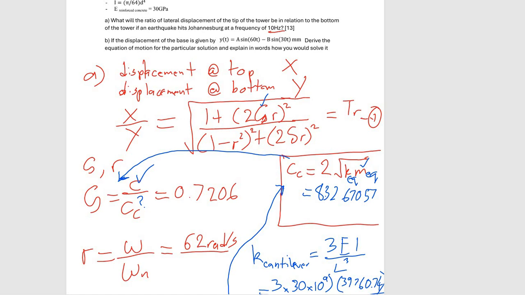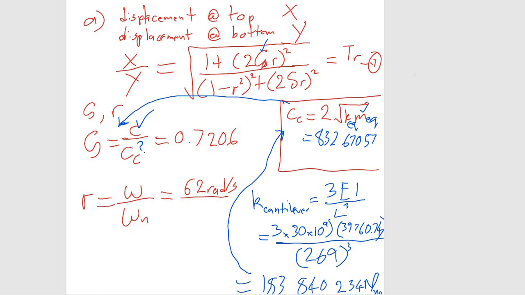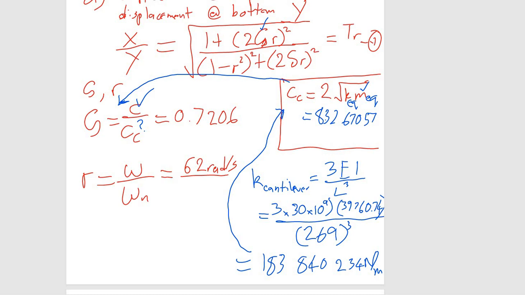That is the excitation. But what is omega n? What is the natural frequency? For the natural frequency, we have to solve for it individually. We know that the natural frequency is given by the square root of K over M. And remember, in this case we are working with equivalents, so we have already calculated K equivalent and M equivalent. All that is left now is to solve for omega n.